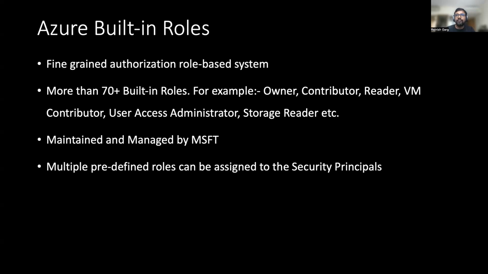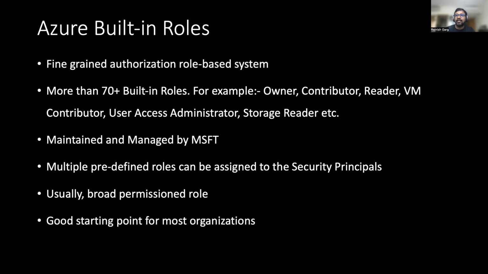At any given point of time, if your users need to do multiple jobs or multiple roles, you can assign multiple roles to a specific user. And similar to GCP, most of these built-in roles are generally broad permission roles.